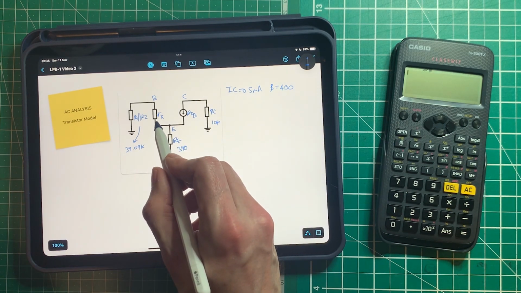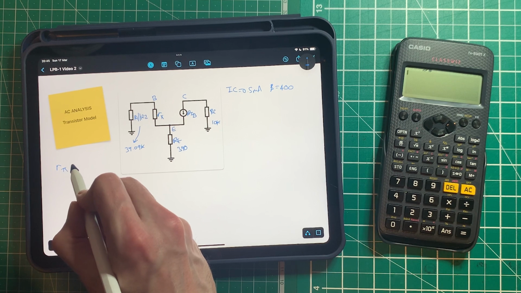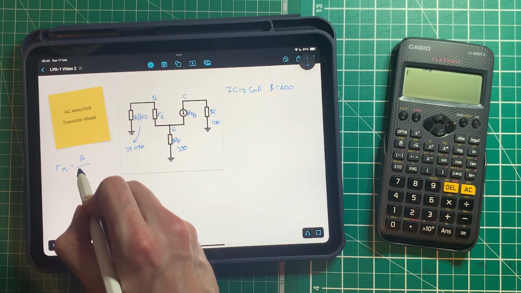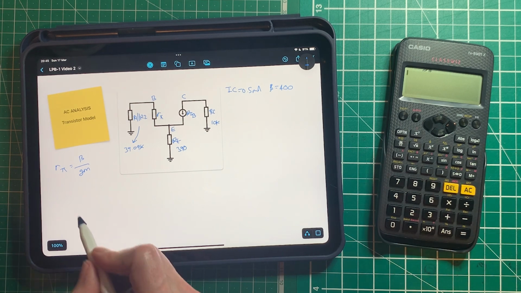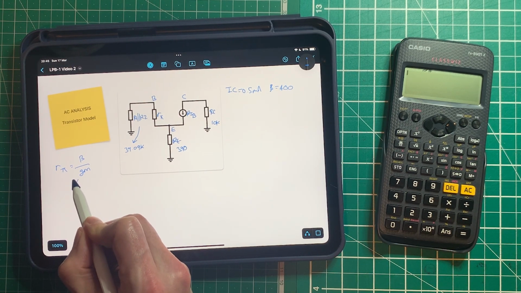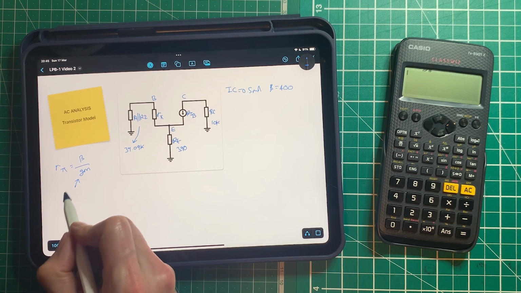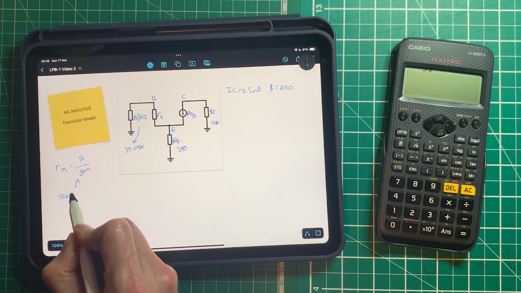What we need to work out is what R pi is, and it equals beta divided by GM. Now we haven't seen GM before, we don't know what it is. So GM is something known as transconductance.